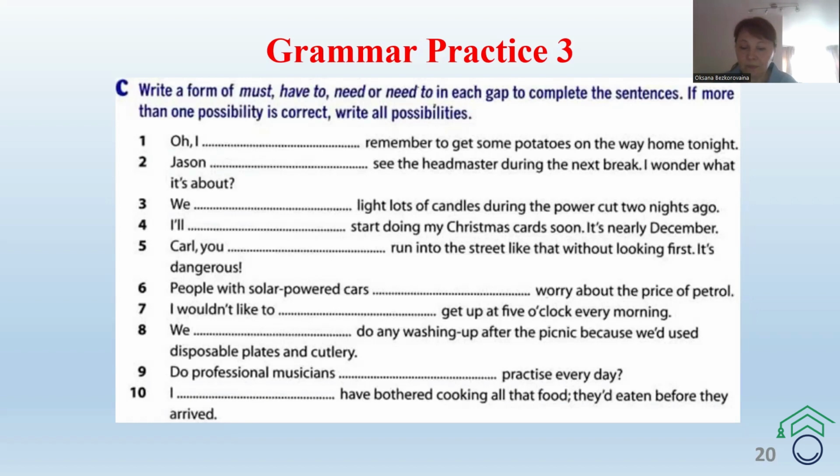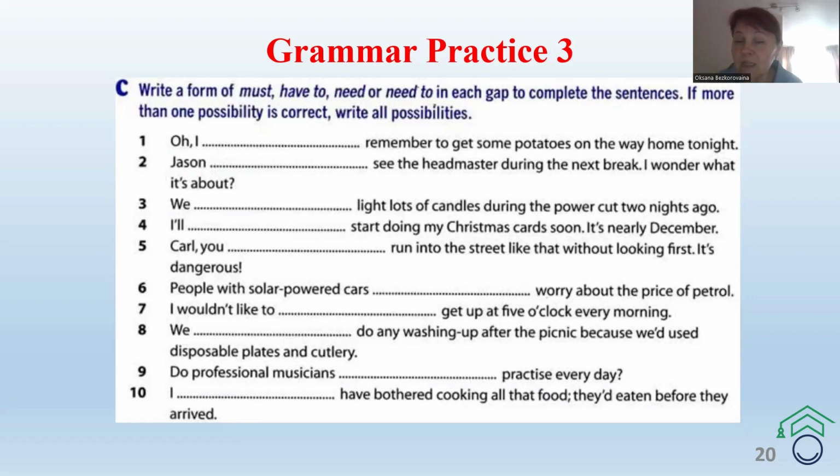Sentence 2. Jason has to see the headmaster during the next break. I wonder what it's about. Jason has to see. It means that maybe even if he doesn't want to do that, he has to do it. And if Jason really needs to see the headmaster, is it okay?